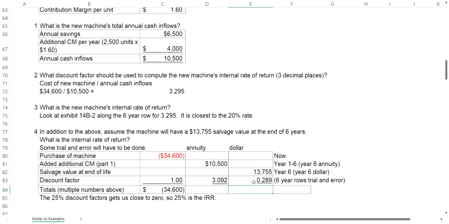Okay, now it helps to use Excel because that will make it go a little faster. So what I will do is I will multiply these together. Okay, and then I will do the same thing here. I will multiply these together.